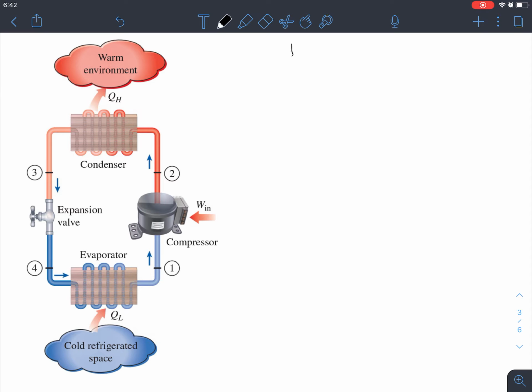So if we draw the TS diagram, before drawing the TS diagram, I would like to write some points, right? So 1 to 2, this is a compression process, and that compression is an isentropic compression. And 2 to 3, it's basically heat rejection right here.